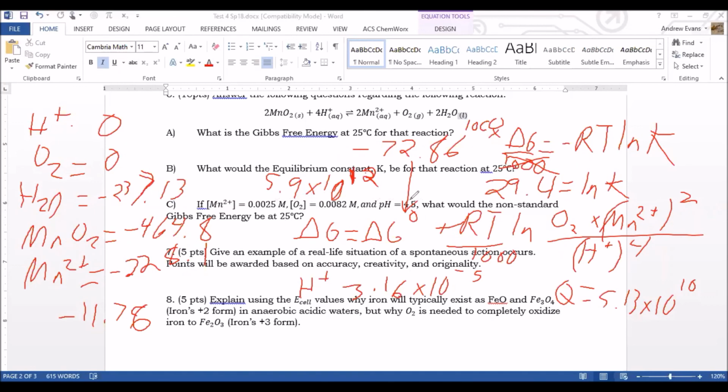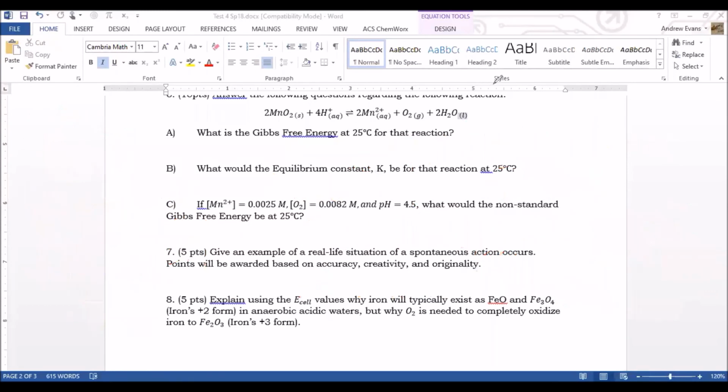So in a very dilute and moderately acidic pH, even under these very low concentrations, it's still spontaneous, just not so much.